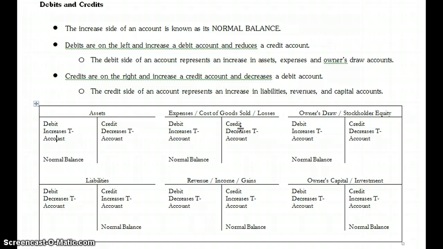But in accounting, a debit is actually increasing that T account. You would think that a credit would increase it and a debit would decrease it, but it's the opposite for the asset account. That's where my confusion was coming into play.